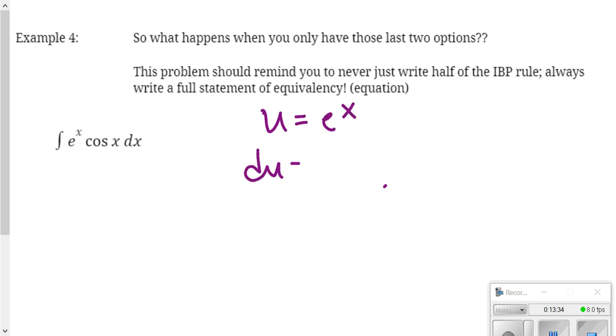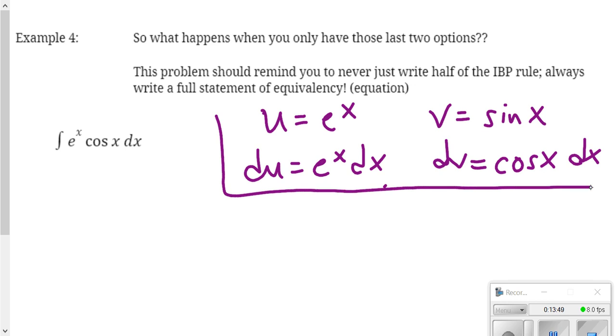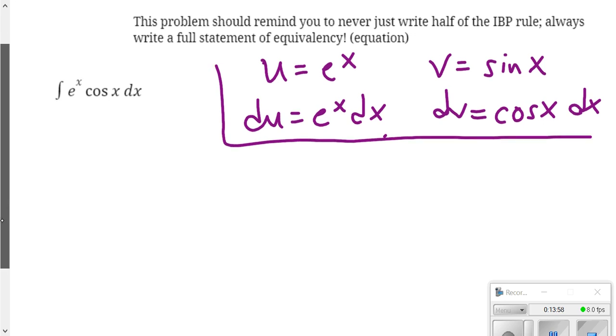That means my du is also going to be e to the x. My dv, if I have that as cosine of x, my v is going to be sine of x. And that's interesting because nothing got better, right? Remember when I said that when you take the derivative of u, you want it to be something that gets better? Neither of these has the possibility to get better. So you have to be very clever here, okay?